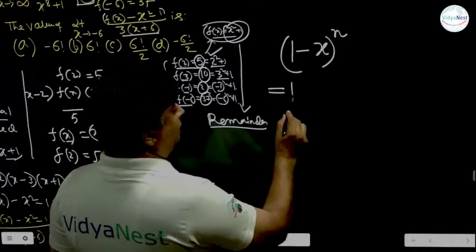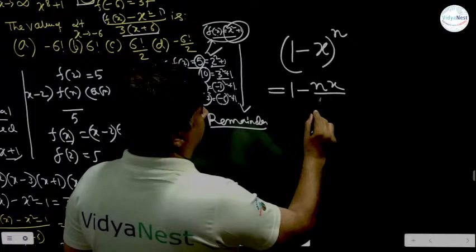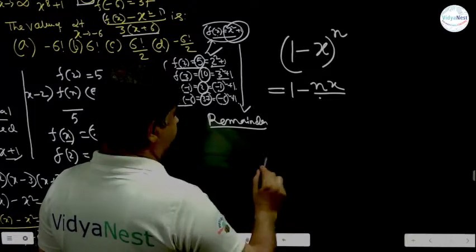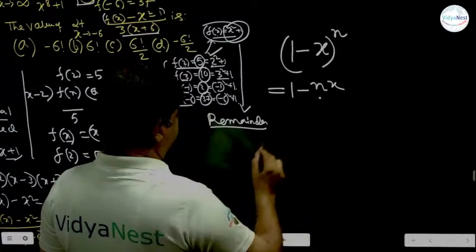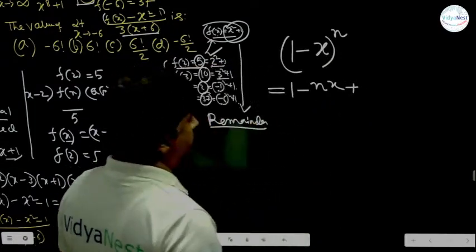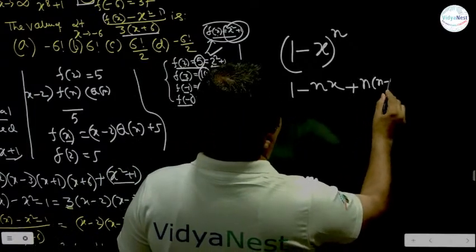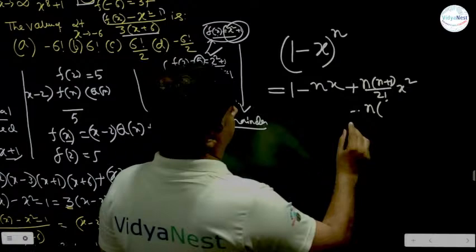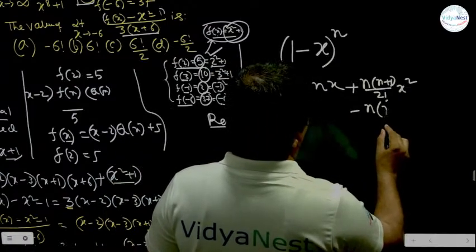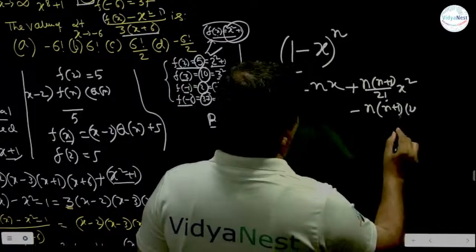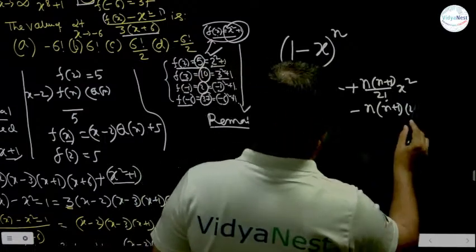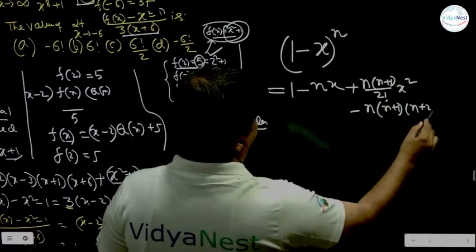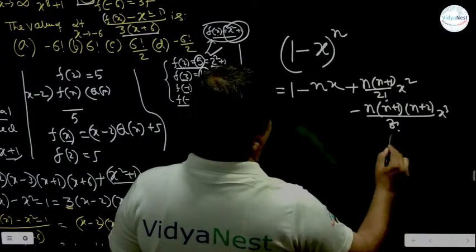What was that expansion? 1 minus nx plus n into n plus 1 by factorial 2 x square minus n into n plus 1 into n plus 2 by factorial 3 x cube and so on. Yes or no?